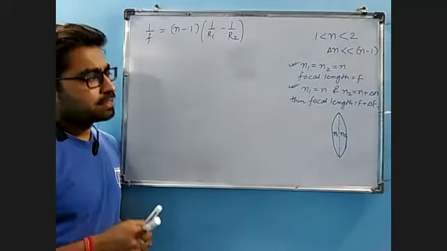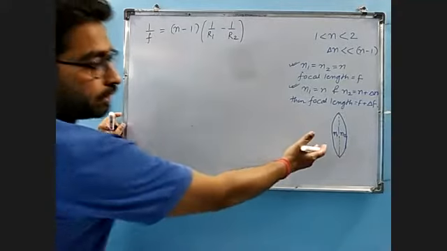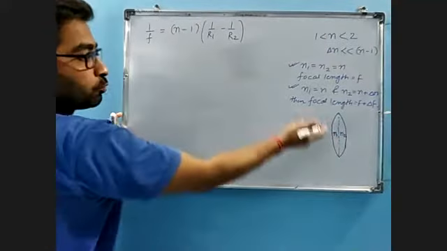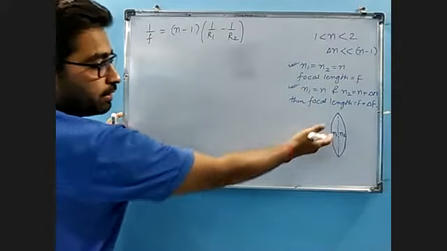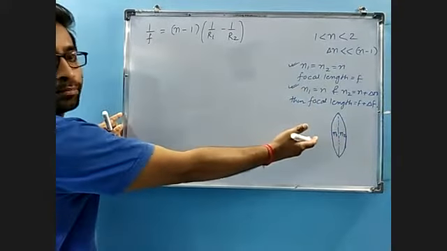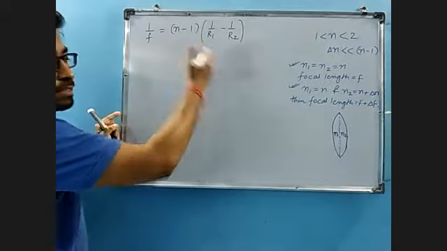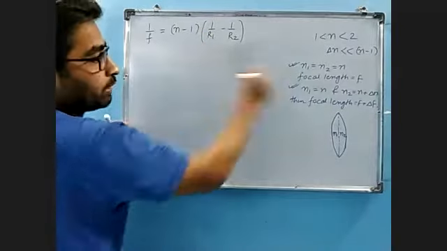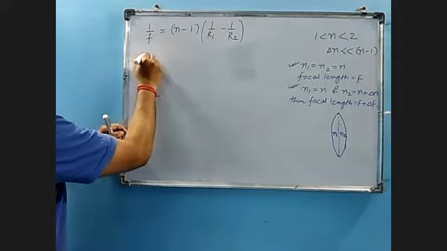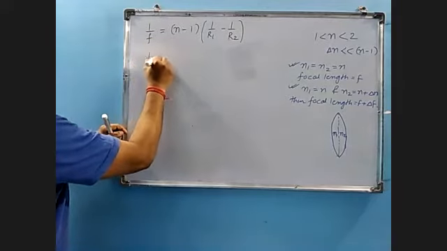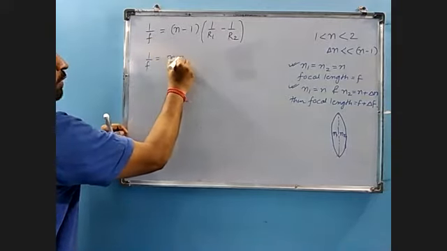Now let us look carefully, we can divide this into two parts for the second part. This first one could be solved easily by utilizing one formula only. When N1 is equal to N2 is equal to N, we have the formula 1 upon F is equal to N minus 1.